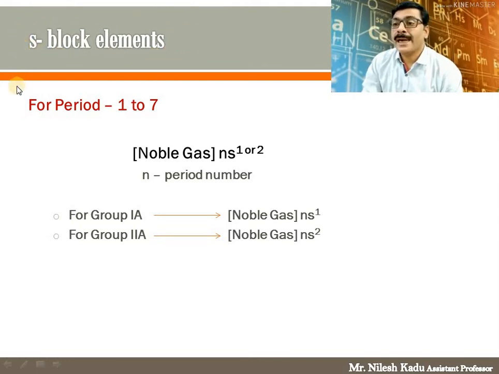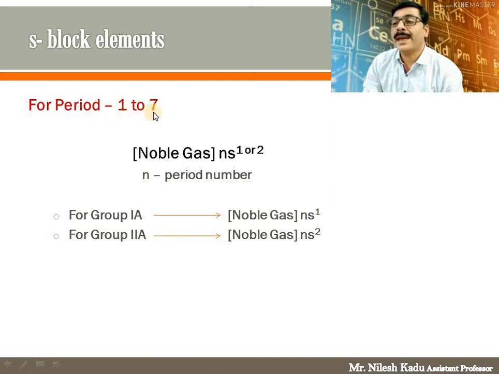Friends, for writing any valence shell electronic configuration, it depends on the period number of the element. And for s block element, the valence shell electronic configuration is the same for first to 7th period.